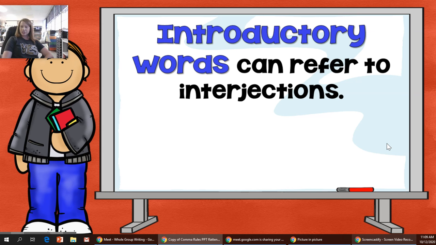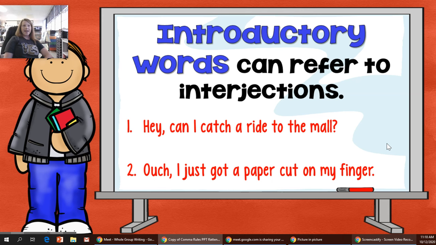Interjections. Does anybody know what an interjection is? Okay. Hey, can I catch a ride to the mall? Any guesses on which one of those words is an interjection? Hey, yeah, it's hey. Okay, ouch, I just got a paper cut on my finger.